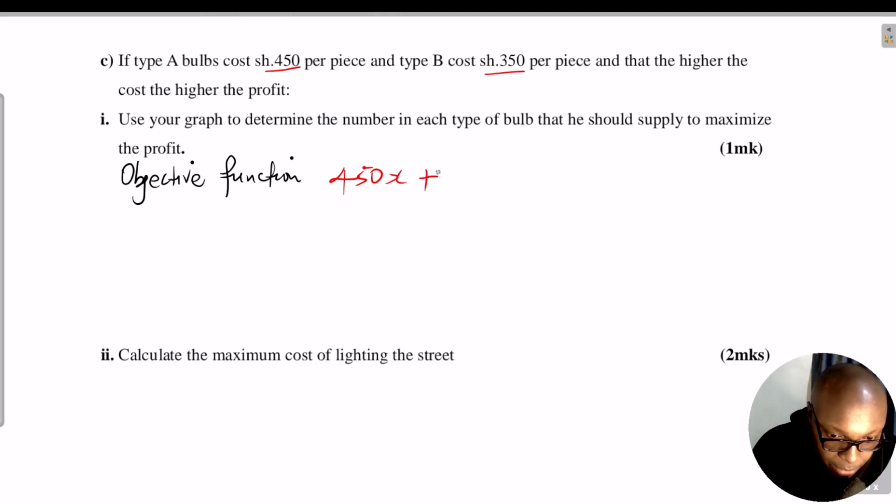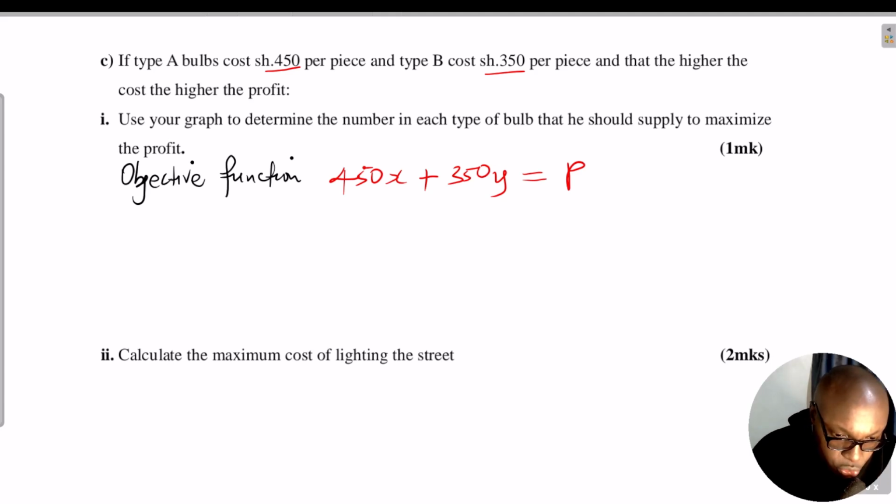Then type B bulbs are y in number, each costs 350, so 350 times y. This gives us the profit from both type A and type B bulbs. From there, we use the search line to determine the number of each type of bulb to supply to maximize the profit.